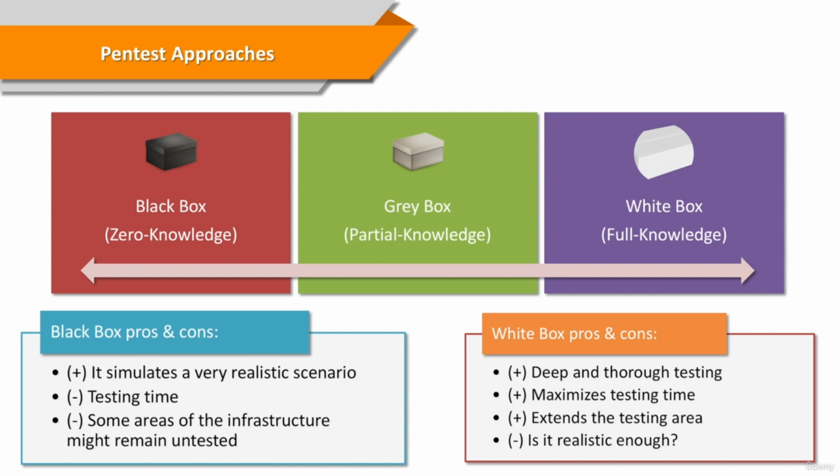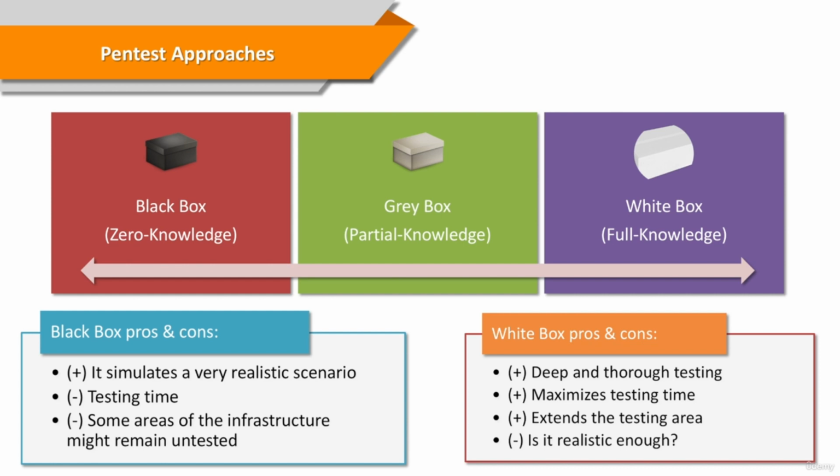The advantages of a white box pen test are you can perform a deep and thorough test. It maximizes the testing time, so you don't need to spend time to find out the system information. It extends the testing area where black box testing cannot reach, such as the quality of code, application design, etc.